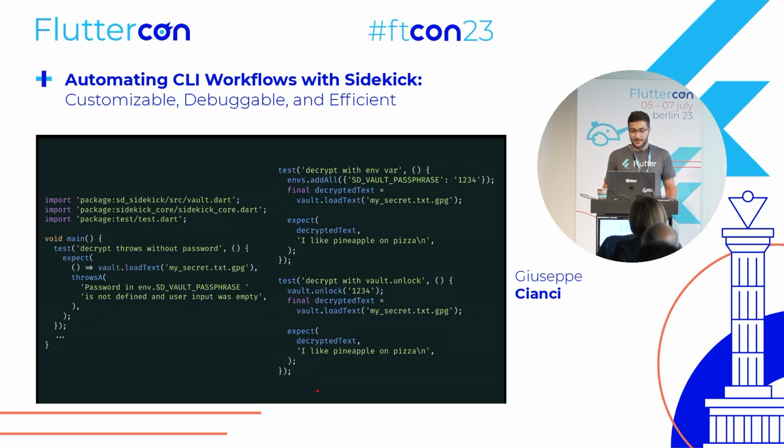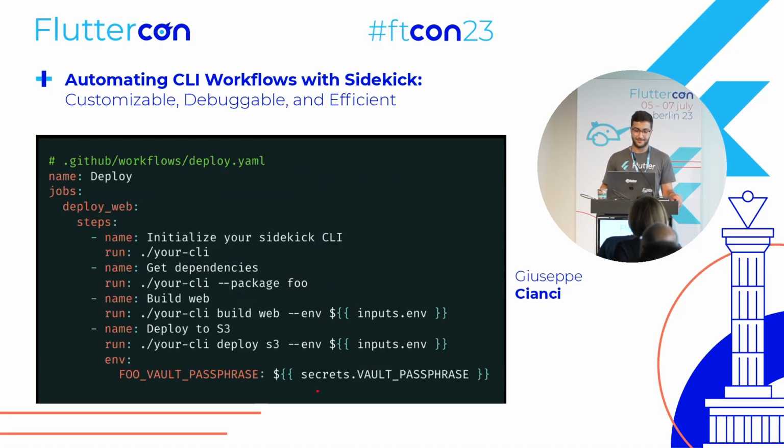So let's say you're still writing the deploy command and you're done writing it. Now let's see how you can use the deploy command of your custom CLI on CI. For example, if you're using GitHub Actions, you will have a YAML file in which you have defined the steps that should run.